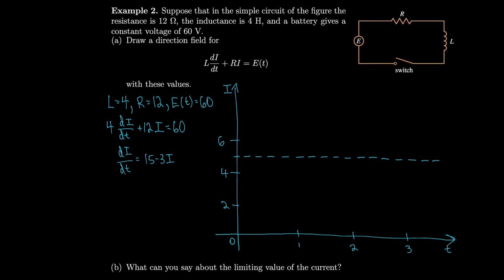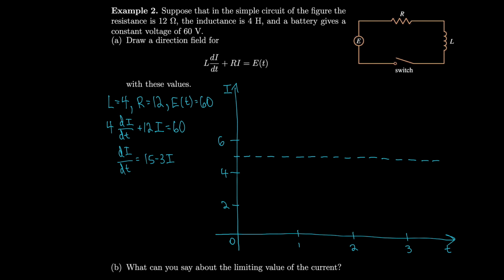If I go a little bit higher, let's say i equals 6, 15 minus 3 times 6 is 15 minus 18, which is negative 3, so the slope is going down 3.